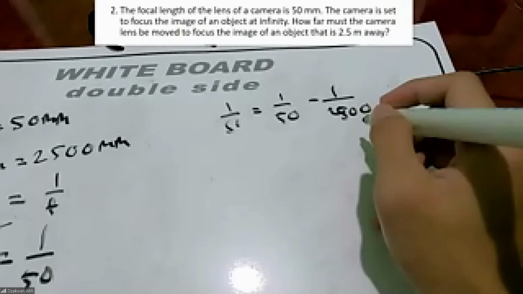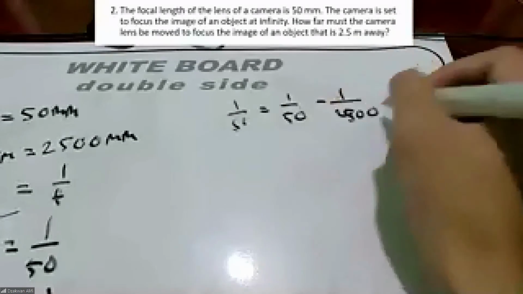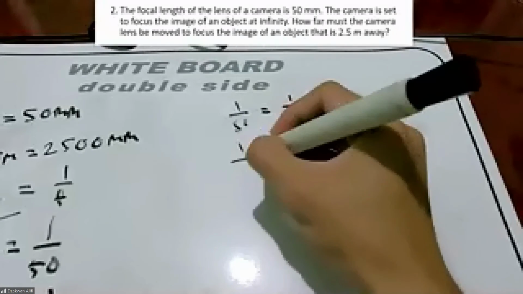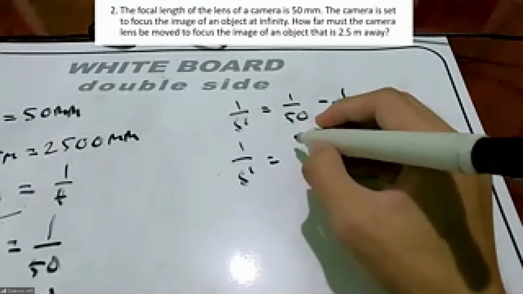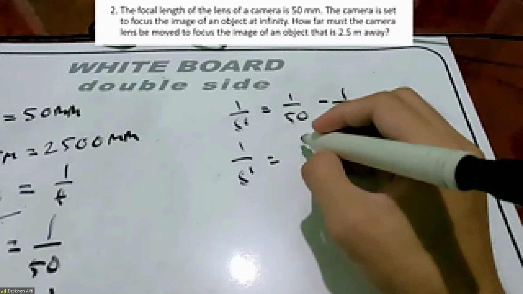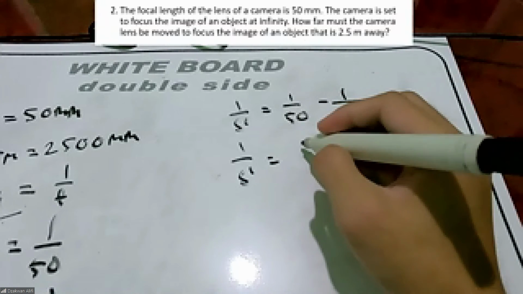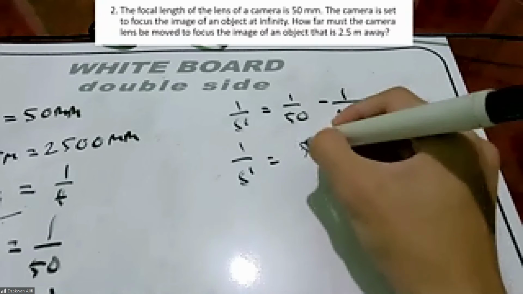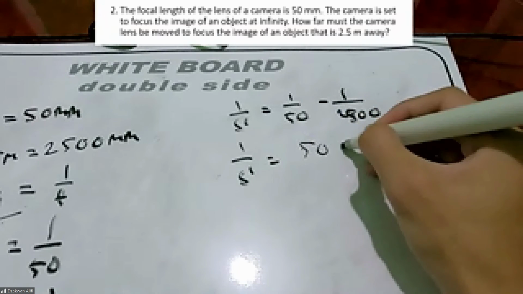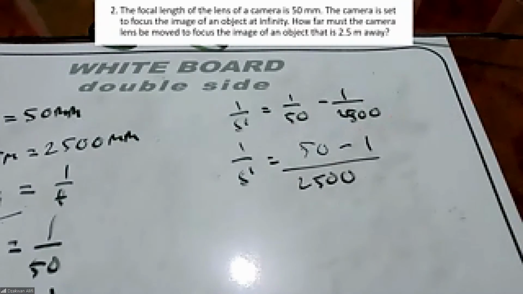On the right side, 1 per s accent equals 50 minus 1 per 2500.